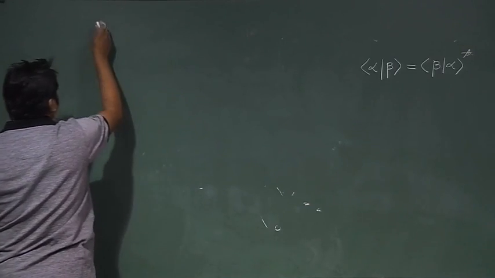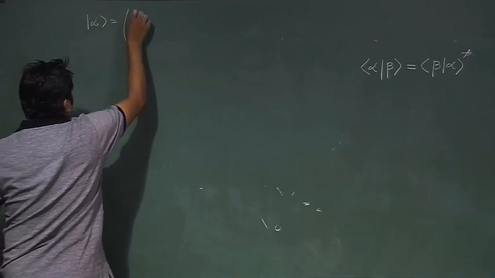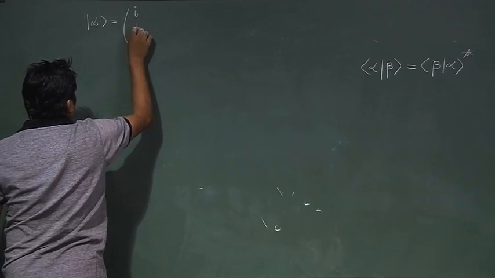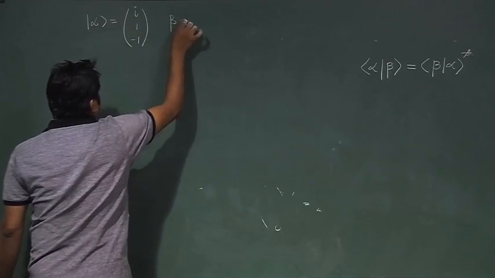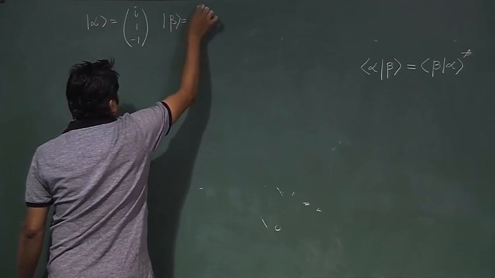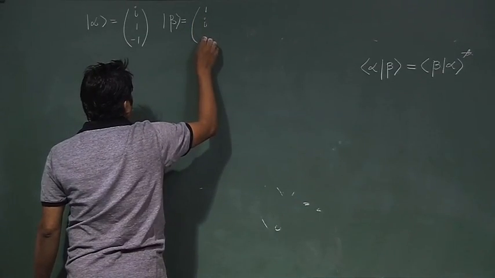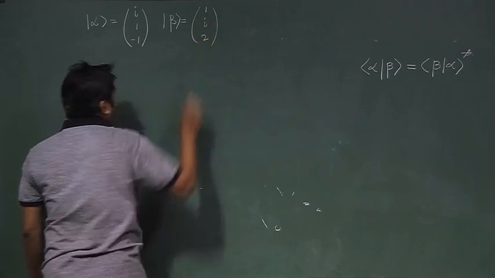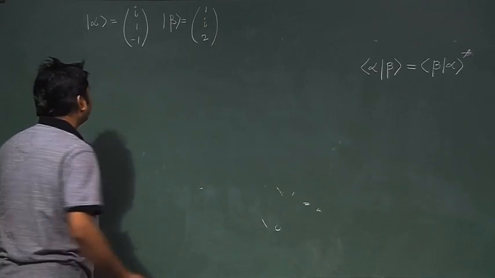So, say alpha is i, 1, minus 1, and beta is the vector 1, i, 2, whatever values you want you can put.